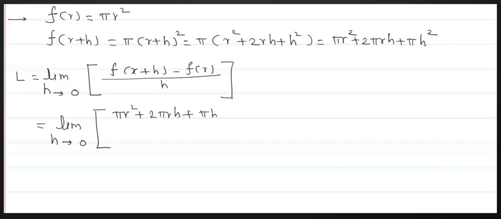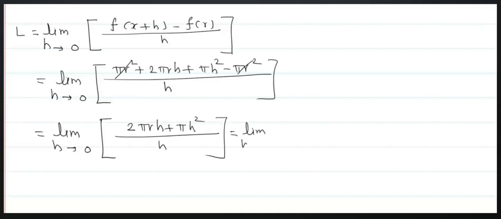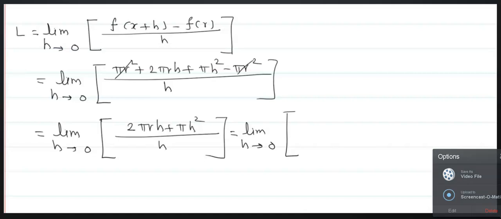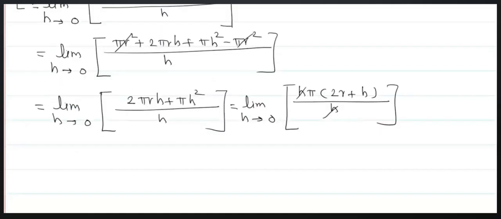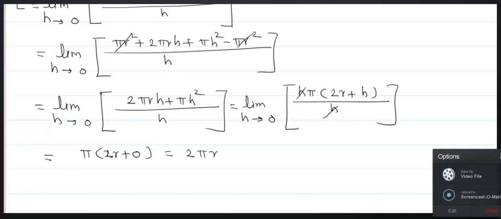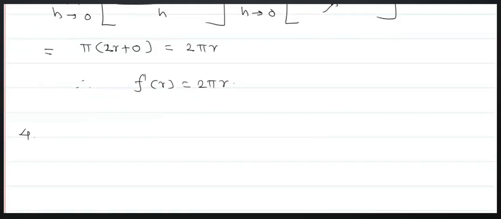After substituting, upon h, limit h tends to 0 of 2 pi rh plus pi h square upon h. Limit h tends to 0 of pi h into 2r plus h upon h. This gets cancelled, and then you will get pi in bracket 2r plus h, that is 2 pi r. And this is nothing but the derivative of pi r square, that is f dash of r is equal to 2 pi r.